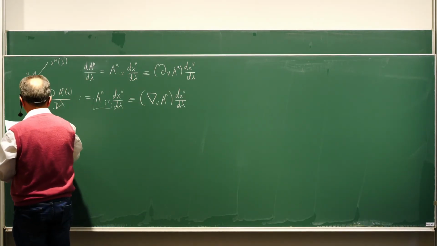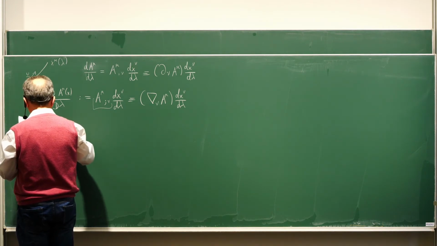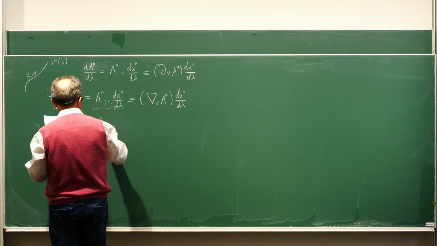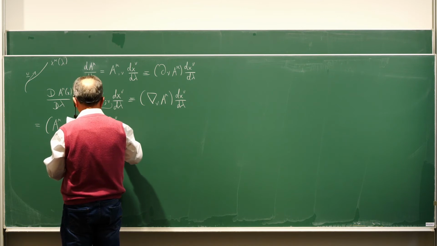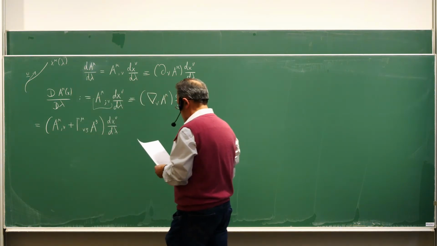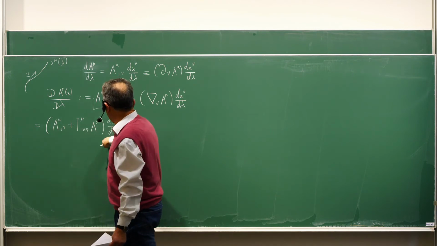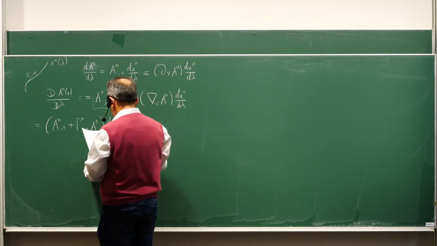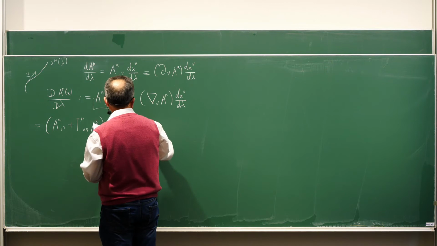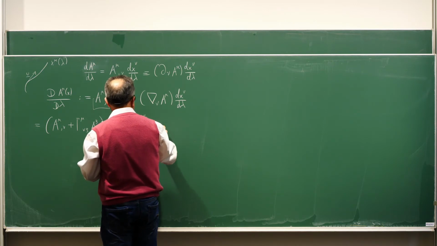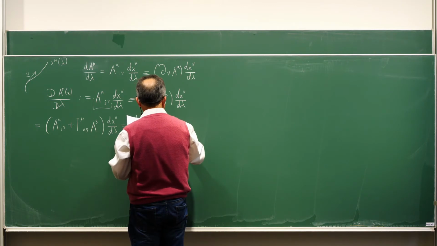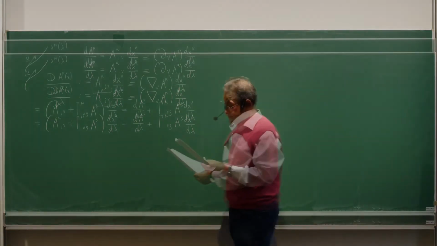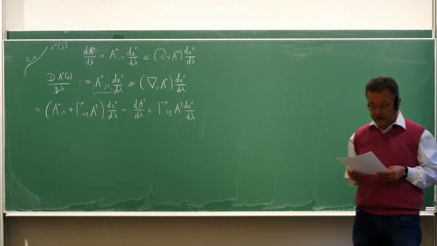So this is then A mu comma nu plus gamma mu nu rho A rho dx nu over d lambda. And you see here this first term together with this gives the old directional derivative. So we can write this as dA mu over d lambda plus gamma mu nu rho A rho dx nu over d lambda.